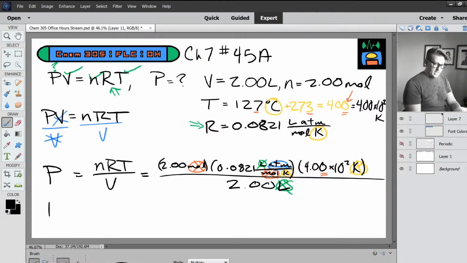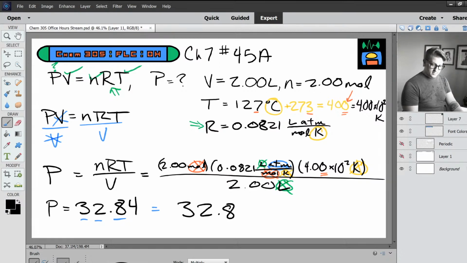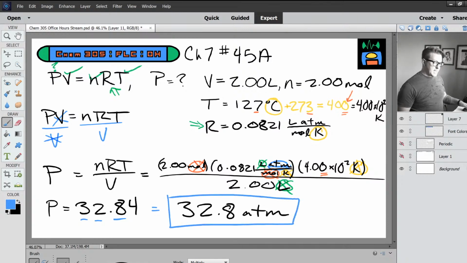The value that I'm getting is 32.84, but we can only keep 3 sig figs, right? We've got consistently 3 sig figs throughout this calculation. So our final answer will be 32.8 atmospheres. And that is the answer for Chapter 7, number 45A.